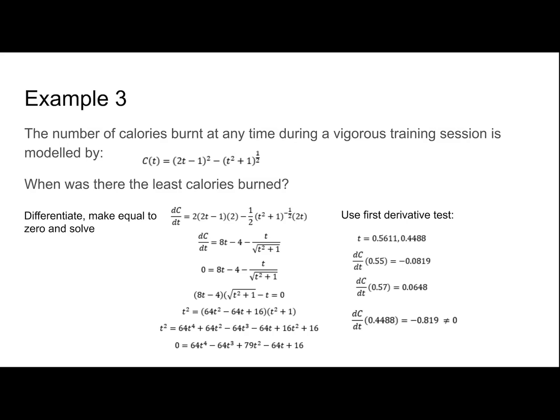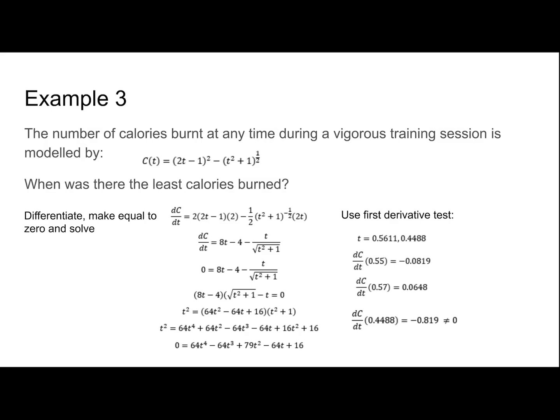If you look at the shape of the curve, if it's increasing and then going to decreasing, then it's a maximum turning point. On the other hand, if it's going from decreasing to increasing, then it will be a minimum turning point.